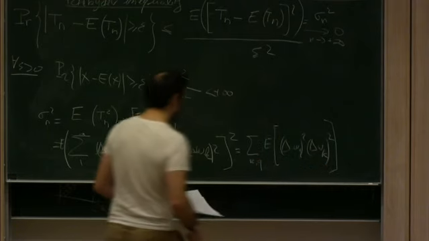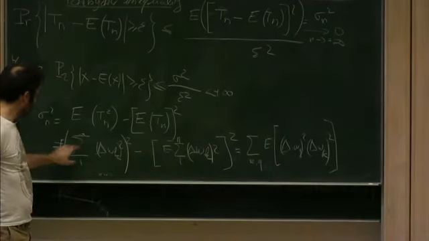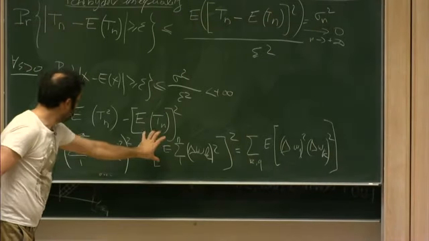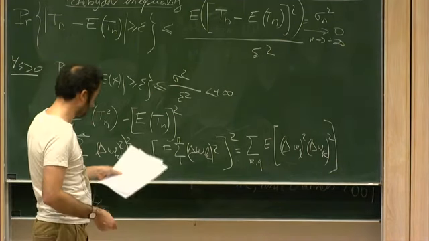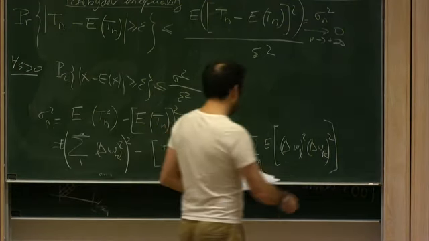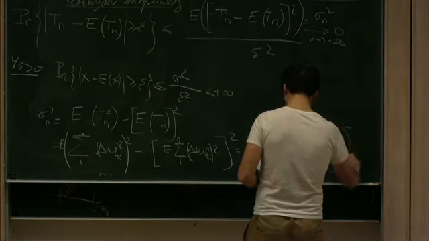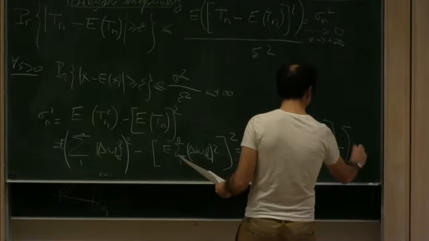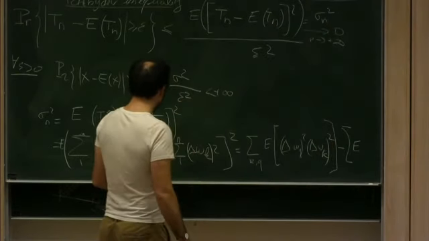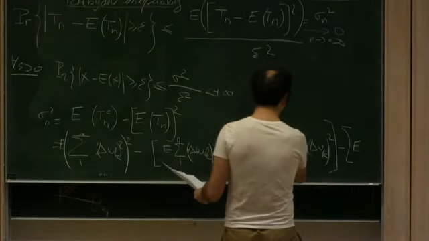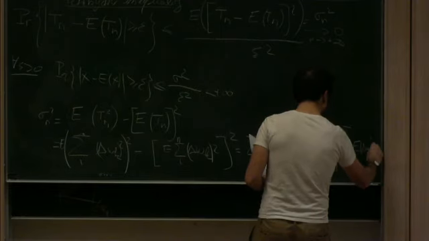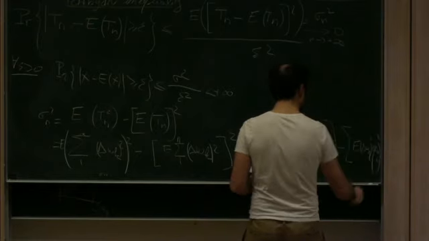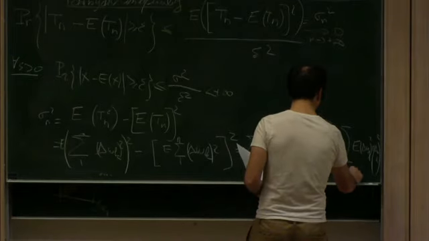Is this correct? Yes. I just take it squared, put it twice, and use as we have already done before. And this term is minus the sum of, again, the same quantity, except now we have the expectation of d omega q squared times expectation of d omega k squared, and again k and q.